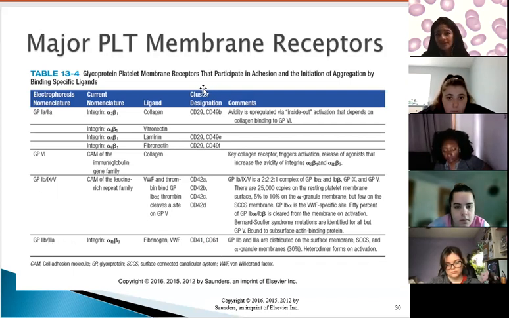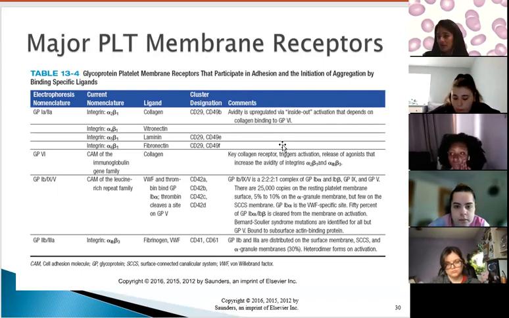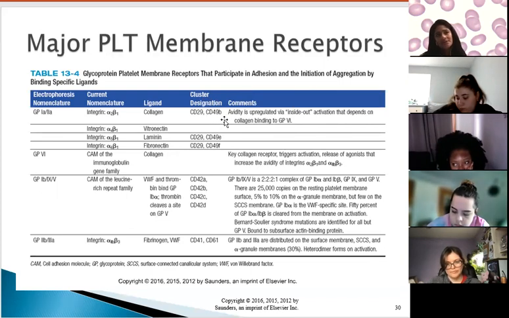Now, do you guys see something here called cluster designation? They're called CD markers, and they're found on each and every single one of our cells. CD markers are the markers that we can identify through a test called flow cytometry, and it helps us determine the stage and the lineage of the particular cell. Now, these receptors are also designated as CD markers, okay?